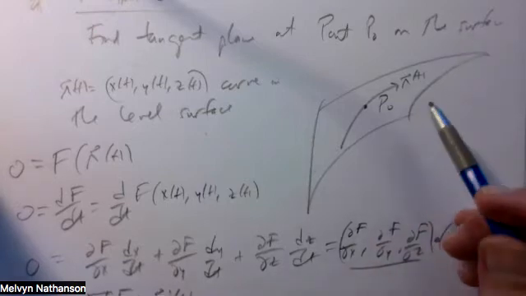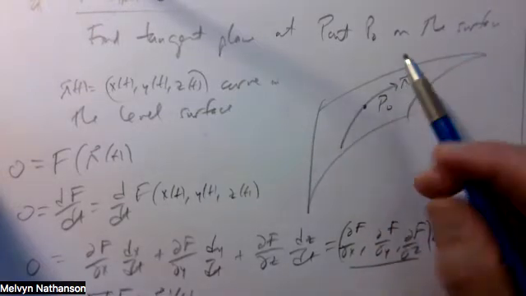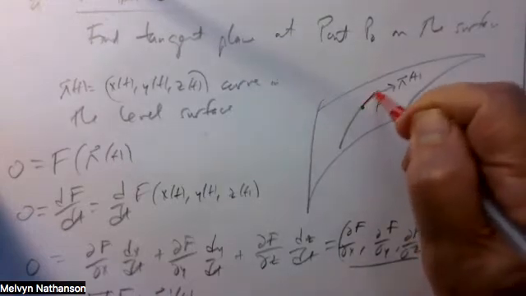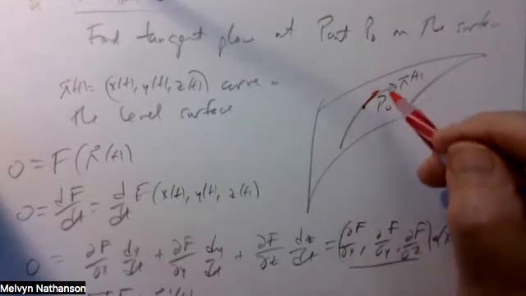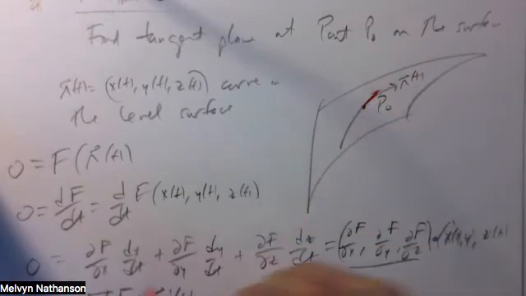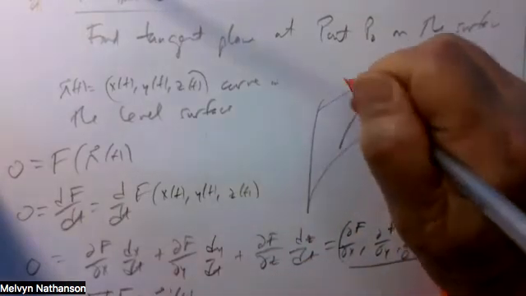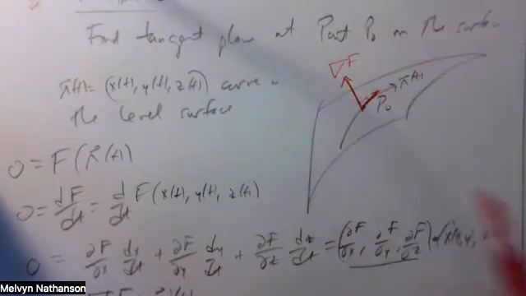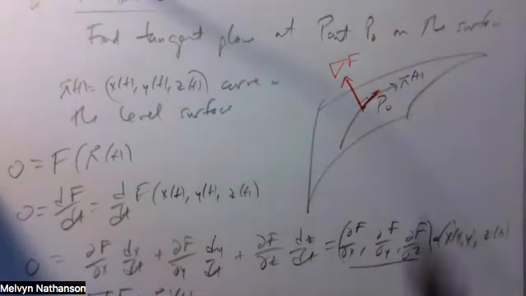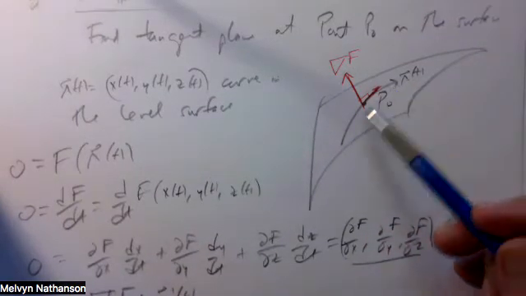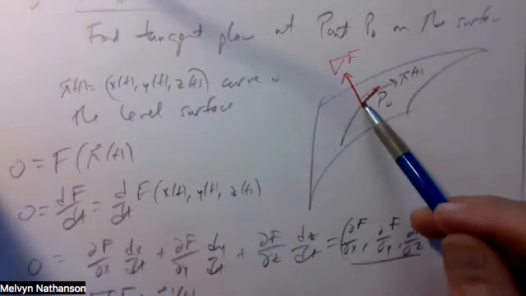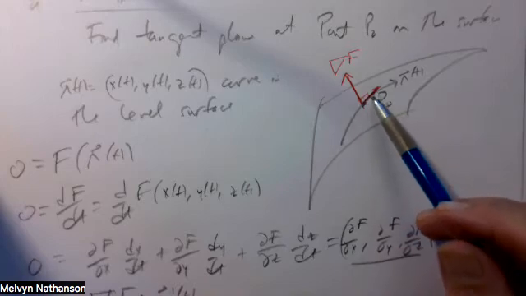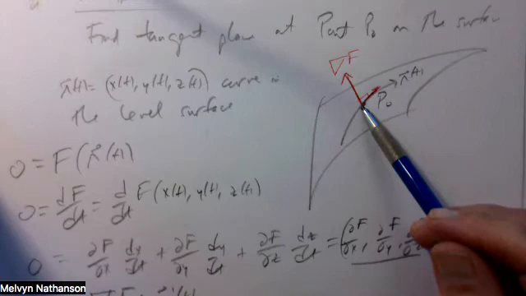So this says that if you take any curve in the surface, here is its tangent vector, and that vector is always perpendicular to the gradient of F. So at any point on the surface, the gradient is perpendicular to every tangent vector through this point.